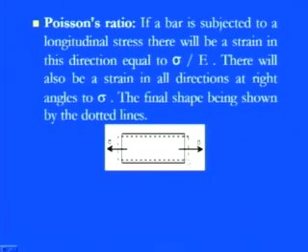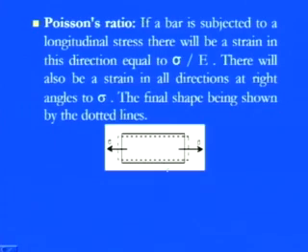But if you go to the other direction, what will happen in the mutually perpendicular direction? If you look at it from the top, this was the earlier length, and after the deformation there is a deformation along this. This is the lateral direction.